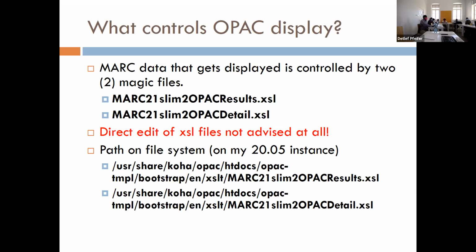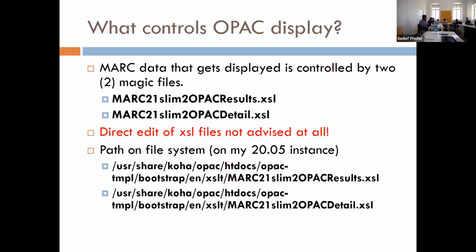These are text-like files, but you just need to understand the XML structure. But the idea here is don't edit these files. What you need to do is copy them to another file, then edit your local custom file.